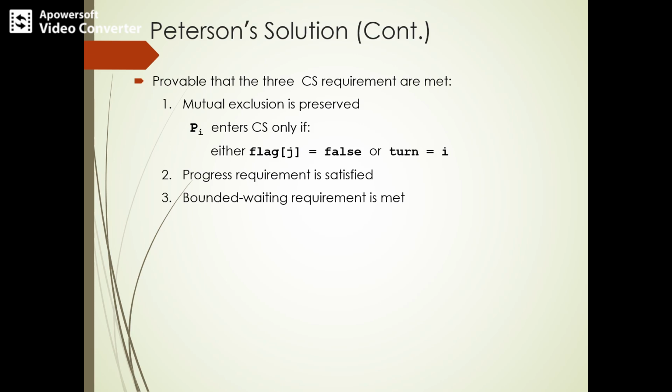And we find that j is not in the remainder section. So the next turn will be process j's turn. There we have seen that the progress requirement is satisfied.